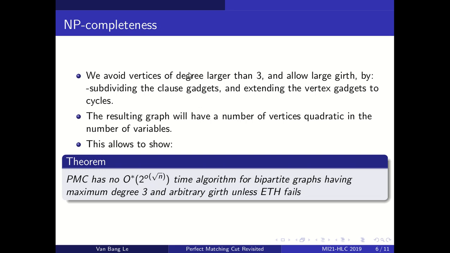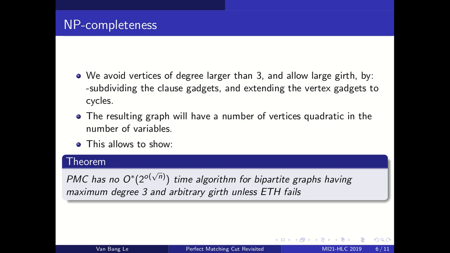For this result we use the reduction from the same problem, but we now subdivide the edges in the clause gadgets to extend the lengths of the cycles, and we also extend the vertex gadgets to now be cycles, and we connect these things together in such a way that the variable vertices will not have degree more than 3.